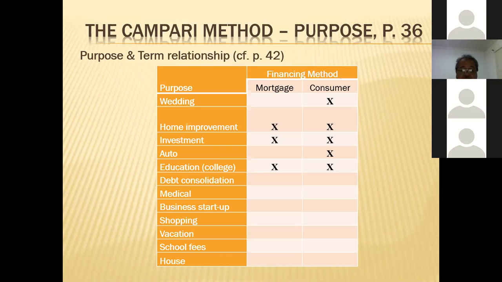Right. So if you consolidate everything into one, under the mortgage, the mortgage is normally a lower interest rate, although it's a longer period of time. Yes. So you may do a debt consolidation, including under a mortgage term. Okay.